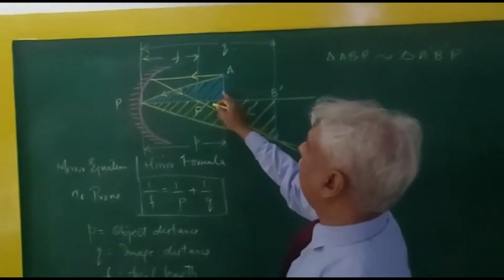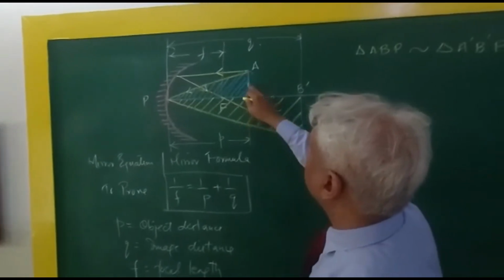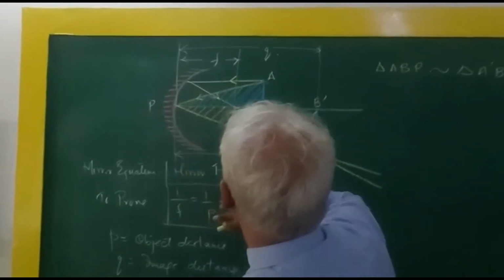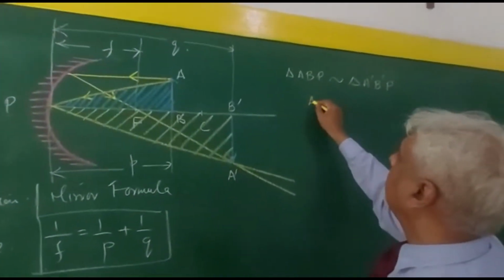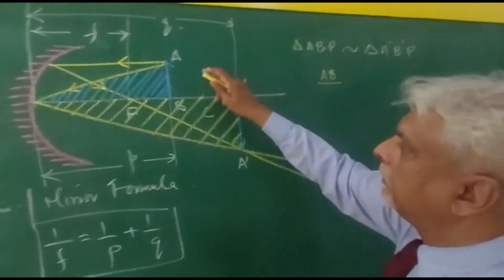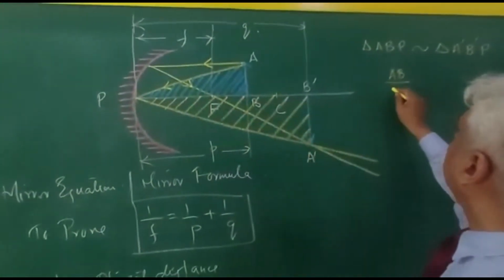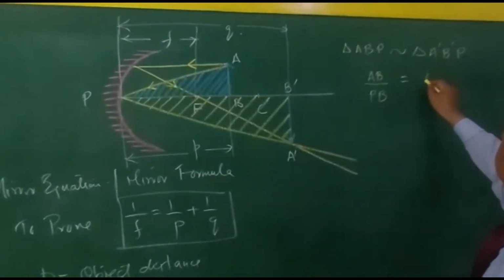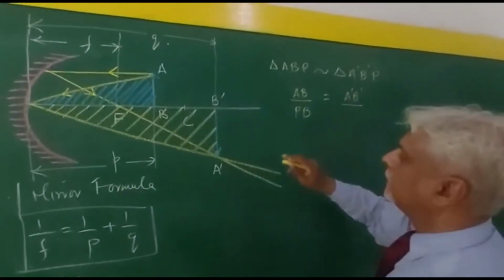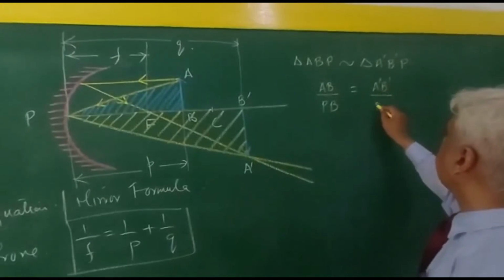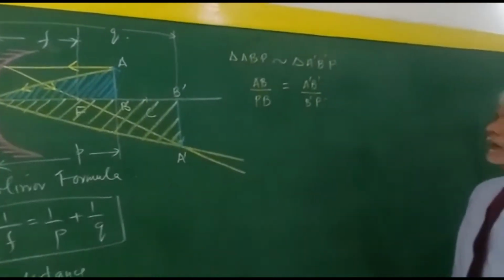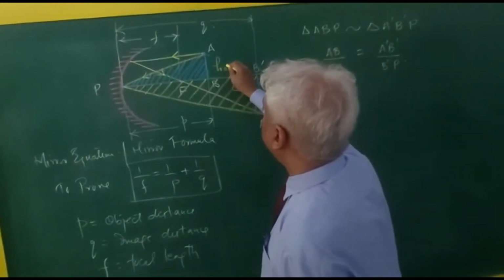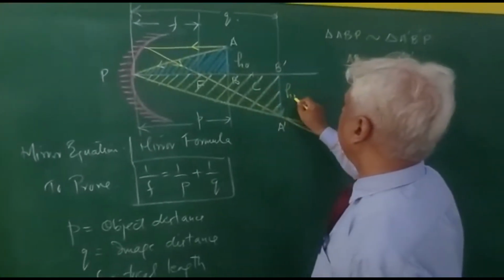Now if you look at these triangles, the ratio AB over PB is equal to A dash B dash over B dash P. Now, AB is the height of the object and A dash B dash is the height of the image.